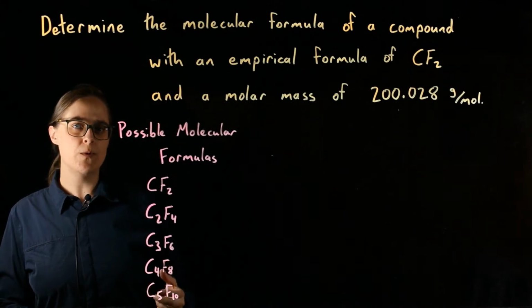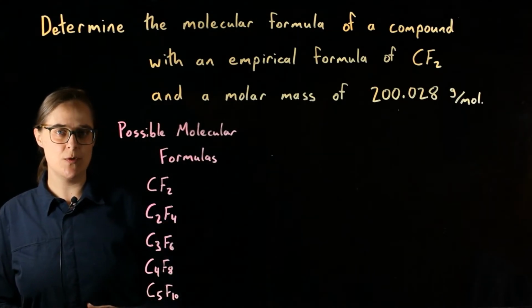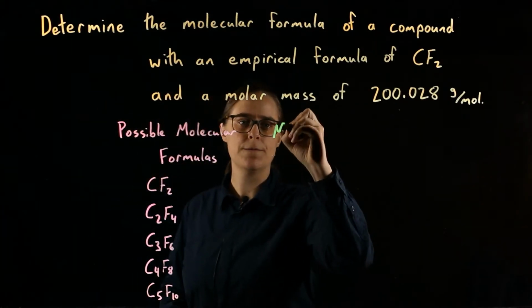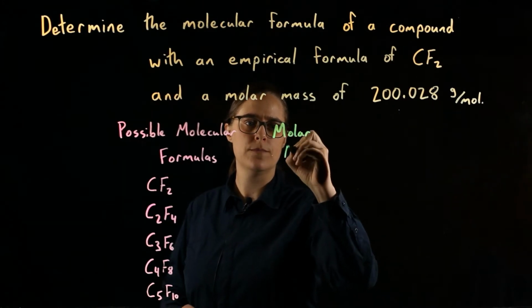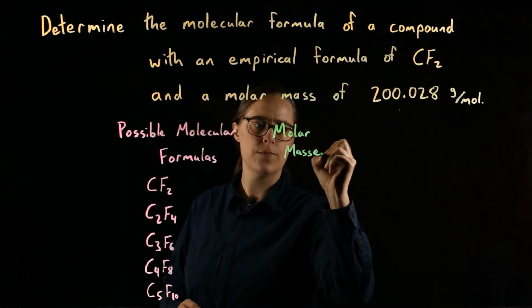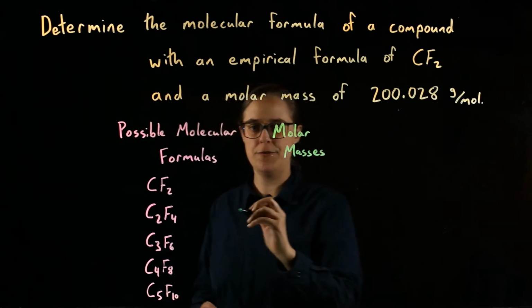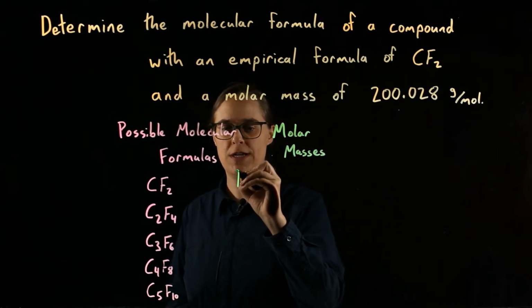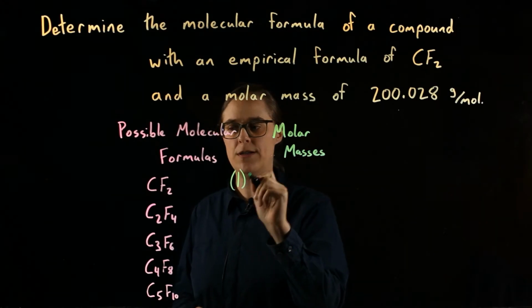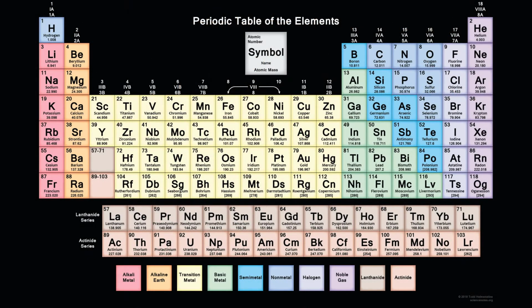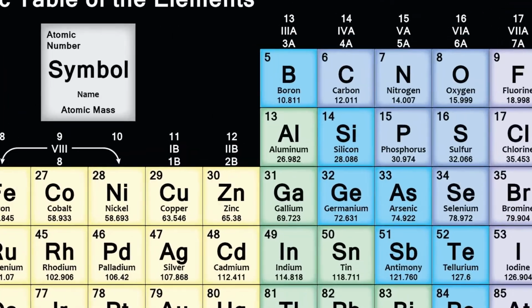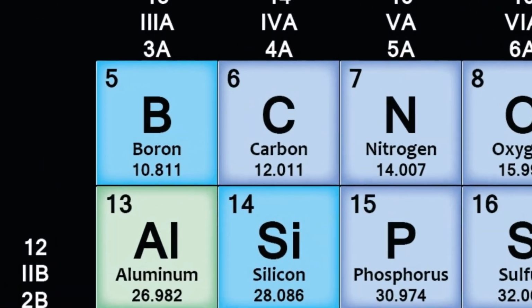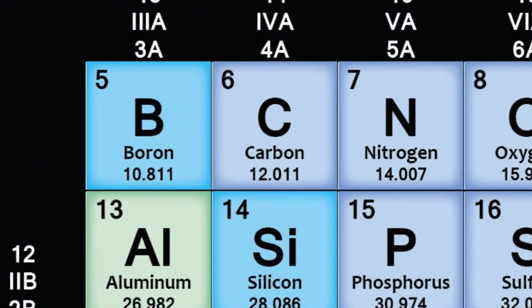Now let's find molar masses of these possible molecular formulas. So for CF2, we have 1 carbon and 2 fluorines. So I want to take 1, because we have 1 carbon, multiply it by the mass of carbon on the periodic table, 12.011 grams per mole.